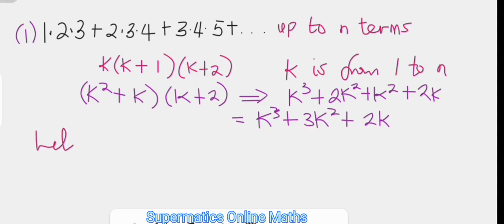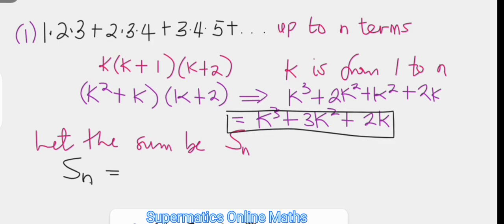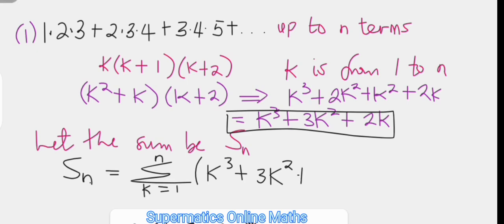Now we will let the sum of the series be Sn. What this simply means is that Sn is the sum of the series, and since we have made a representation here for the series using the general term for each term, we can write this as summation k from 1 to n of k cubed plus 3k squared plus 2k.